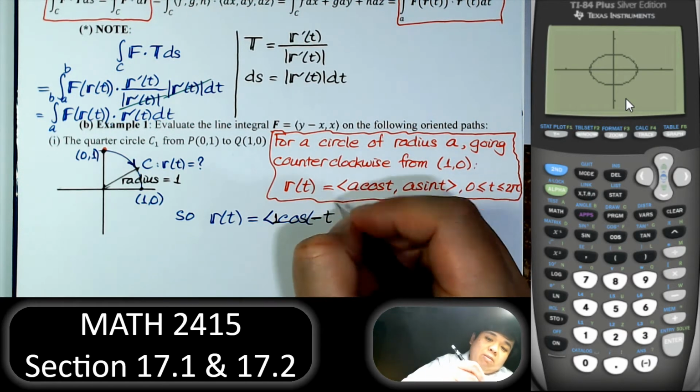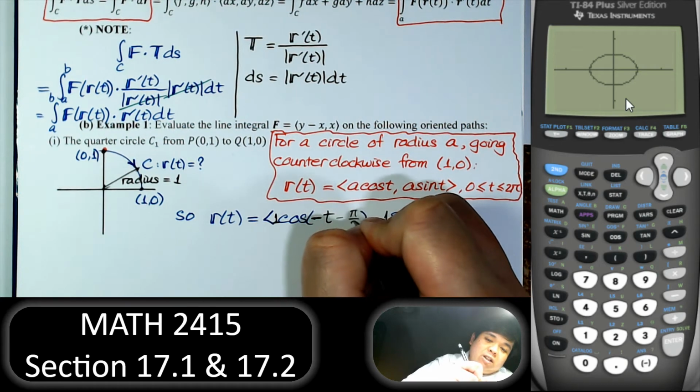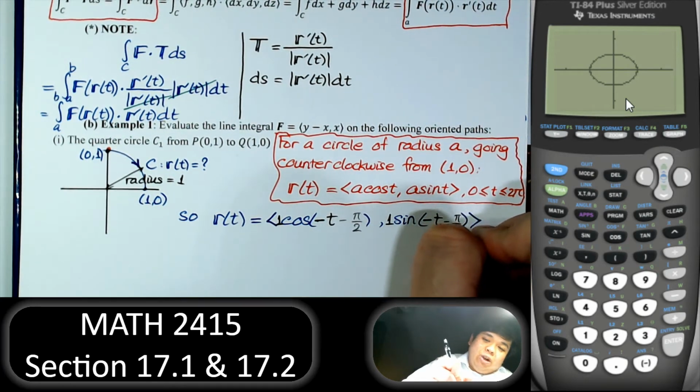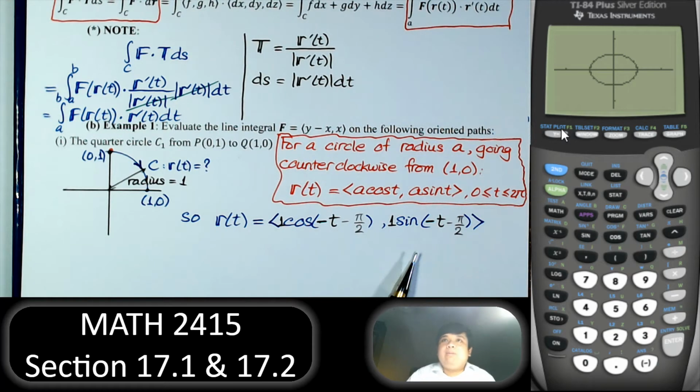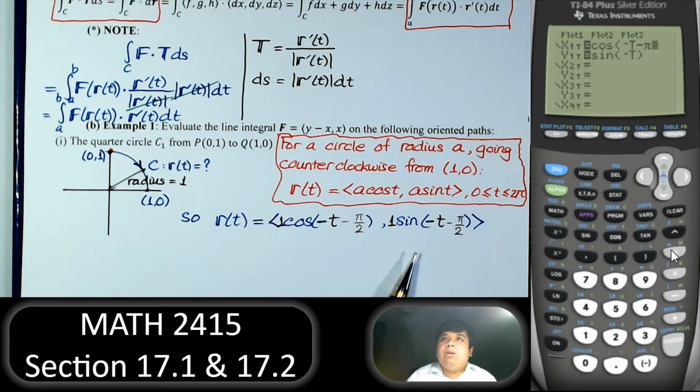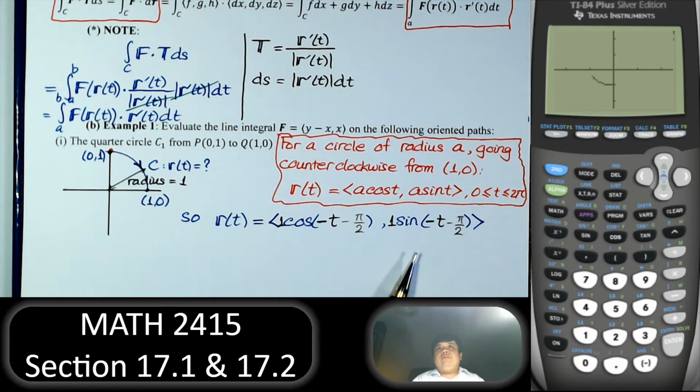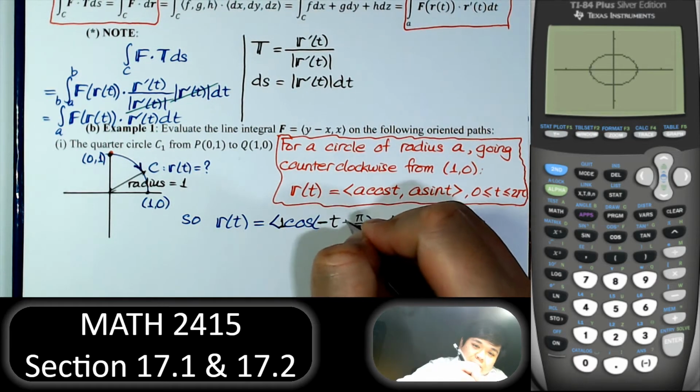Let's try minus pi over 2 first to see if we have the right point. Nope, that's not the point we want, so let's just add.